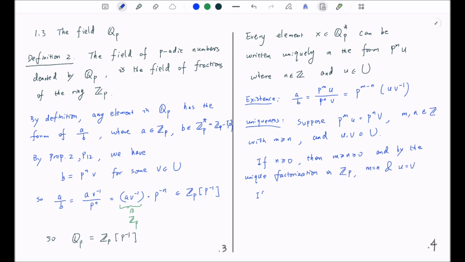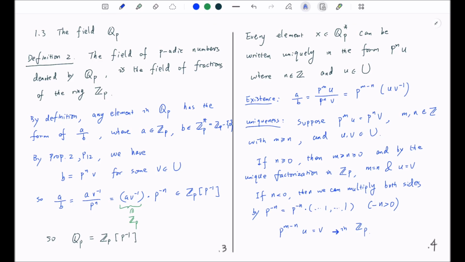Now if n is less than 0, a negative integer, then we can multiply both sides of this equation by p to the power negative n. This negative n is positive. Now it follows that we have the equation p to the power m minus n u equals v. And this is again an equation in Z_p.